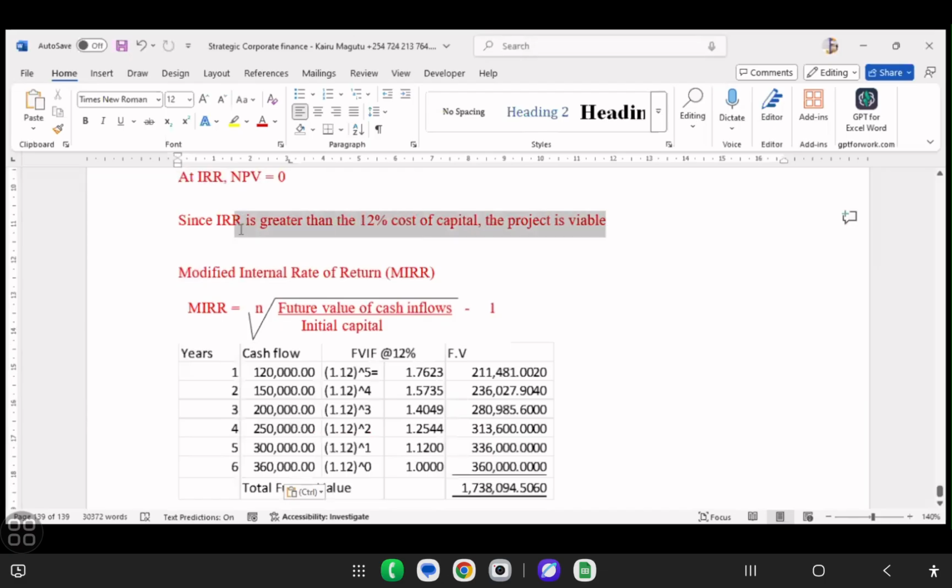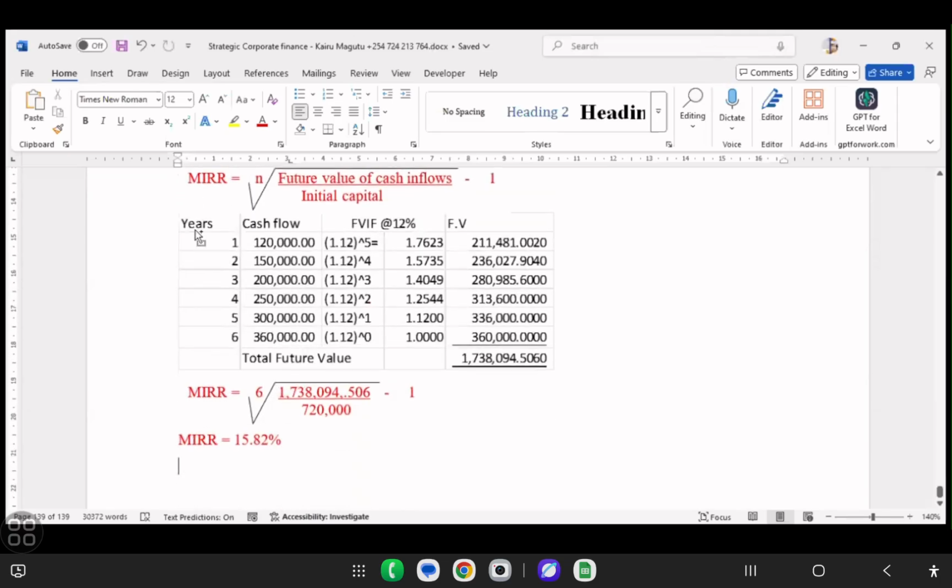Since the MIRR is greater than 12% cost of capital, the project is viable. That is the use of the modified internal rate of return.